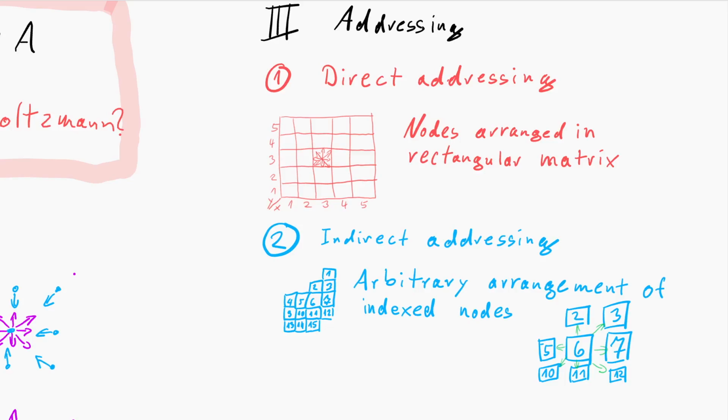This means every node has to be indexed with a number like this here, and then each node needs some links for finding its neighboring nodes.